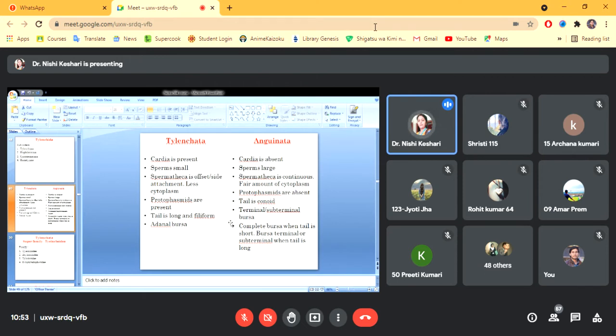If bursa is present only near the anus, it is leptoderan. If it is present from the anus to the tail, it is peloderan. And if it is present from both sides, like an ear, then it is arecaderan. So here it is adenal means leptoderan. Here it is complete bursa when tail is short. Bursa terminal or subterminal when tail is long, means it depends on the tail shape.